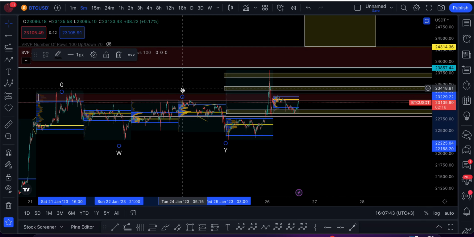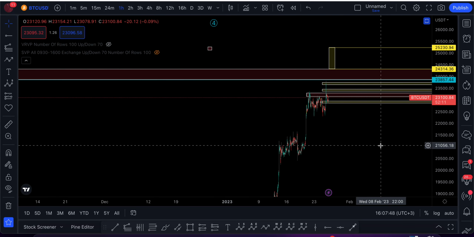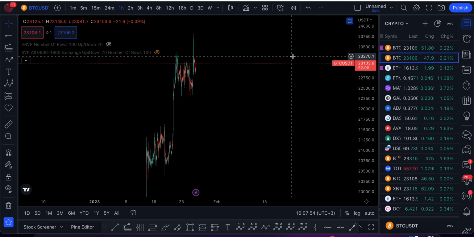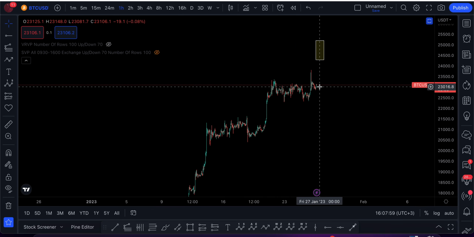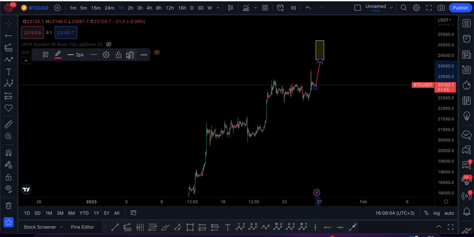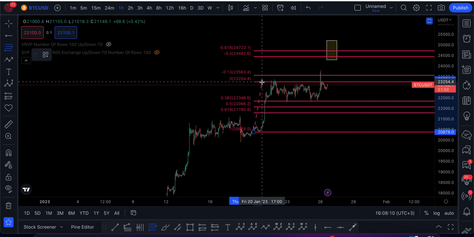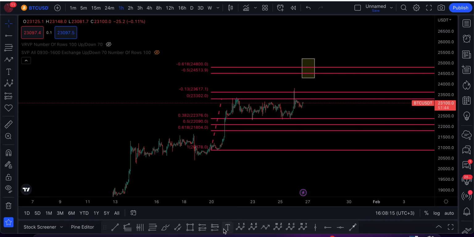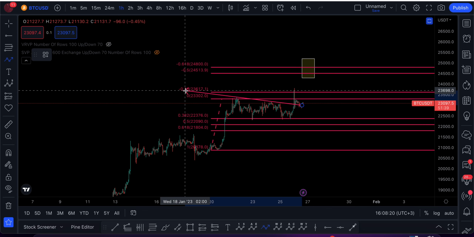But one important thing I mentioned yesterday was that, so let's use the 1 hour time frame, and let's use an empty chart. So for this move to the upside to happen, what I would love to see is price to find support above this minus 0.13 area.